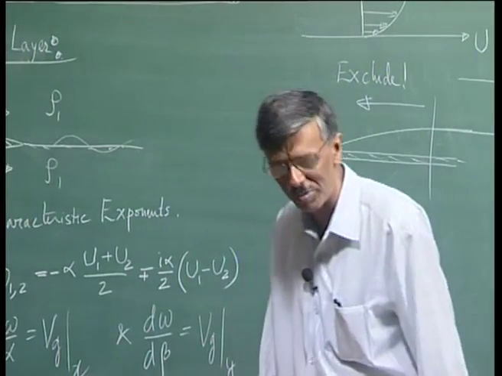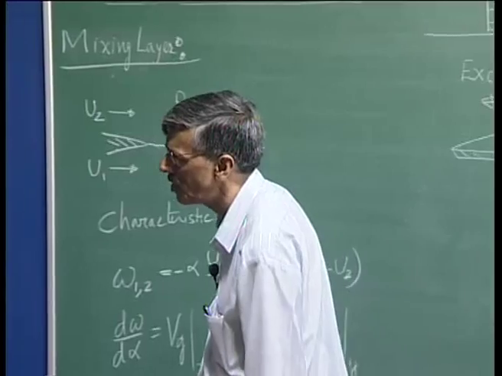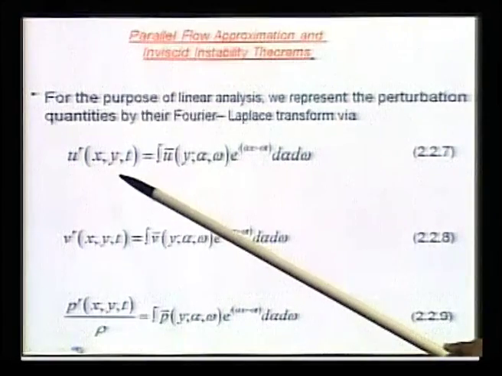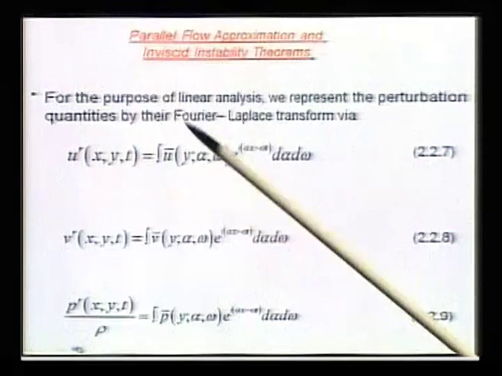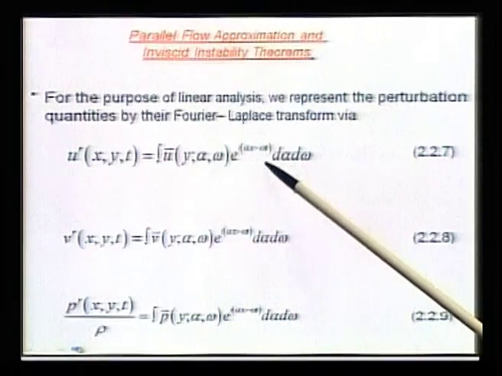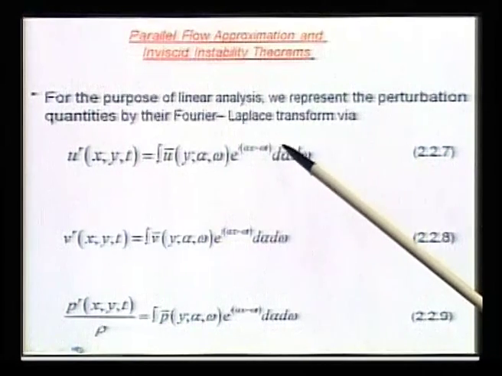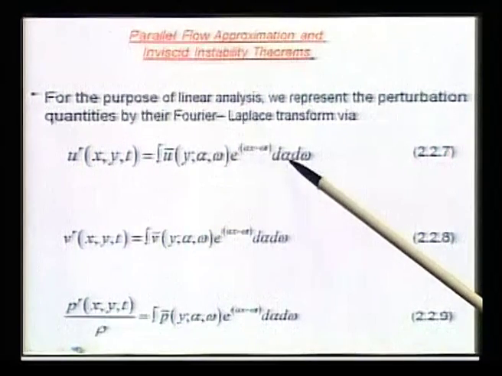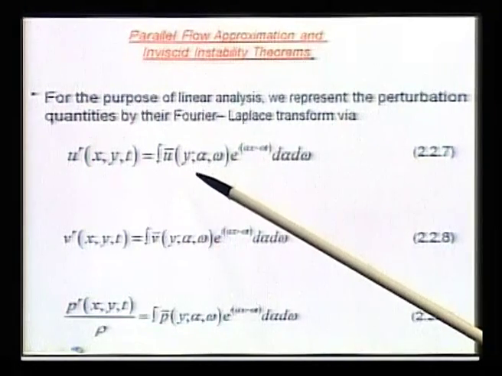We will see that most of the time it will not be feasible. On the left hand side, the dependent variables are functions of x, y and t. In the Fourier integral we have used x and t, so the amplitude must be a function of y, that is the only way it can be, right.